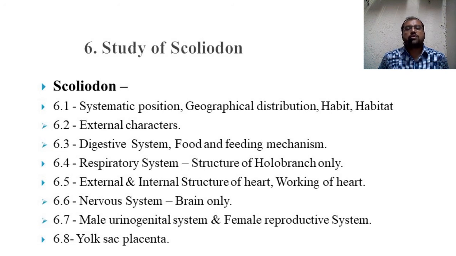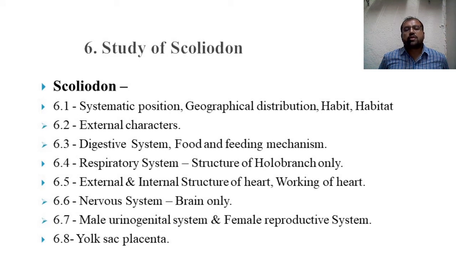Then the fourth subtopic is respiratory system of Scoliodon, and in the respiratory system we will have to study the structure of holobranch only. Only the complete gill we are going to deal with, not the incomplete gill, that is hemibranch.